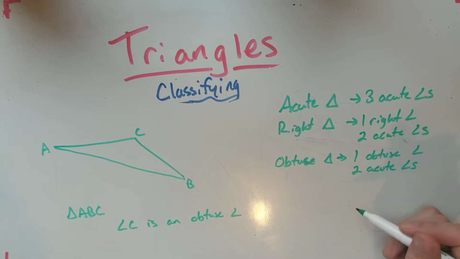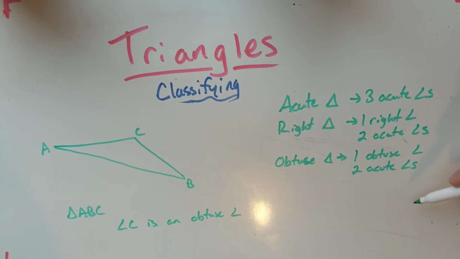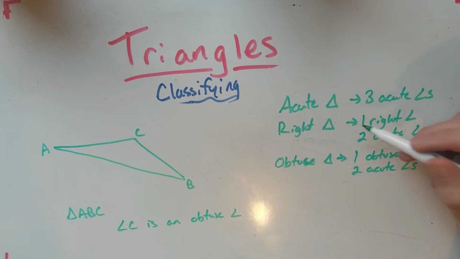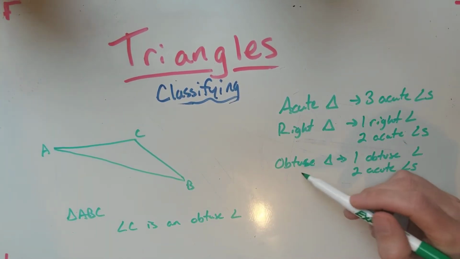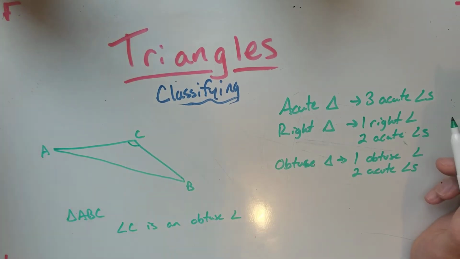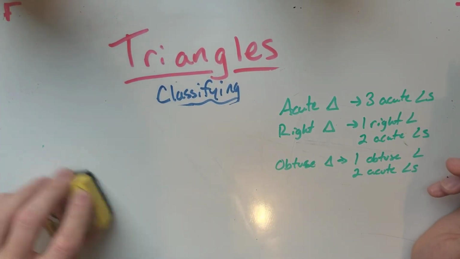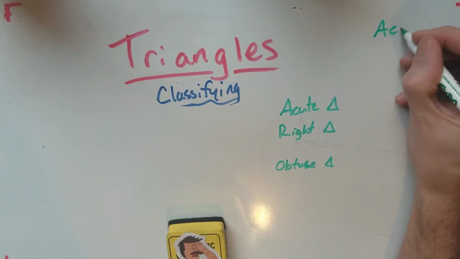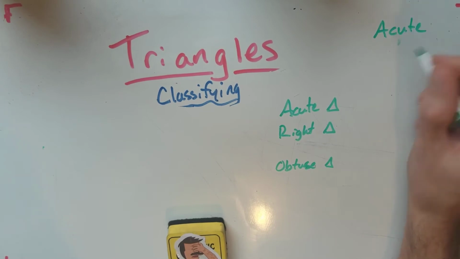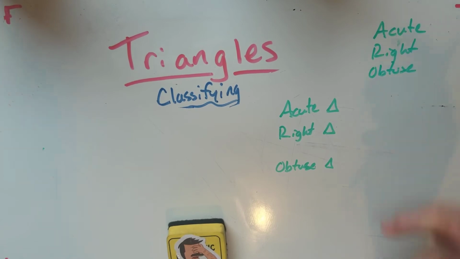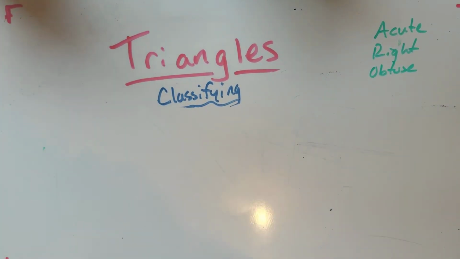Now, something to look for, like a pattern: every single triangle is always going to have at least 2 acute angles. If it also has a right angle, then it's a right triangle. If it also has an obtuse angle, like this guy right here, then it's an obtuse triangle. If it has 3 acute angles, then it would be an acute triangle. Okay, so those are going to be our 3 ways to classify by angles. Write them right up here. Acute, right, and obtuse. So if we're thinking about the angles, those are our 3 ways to classify.